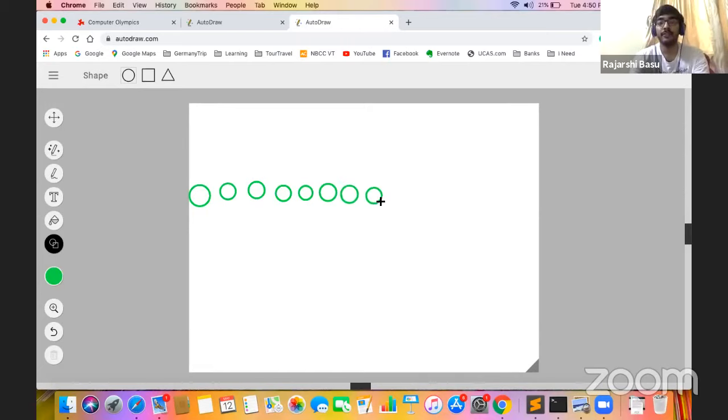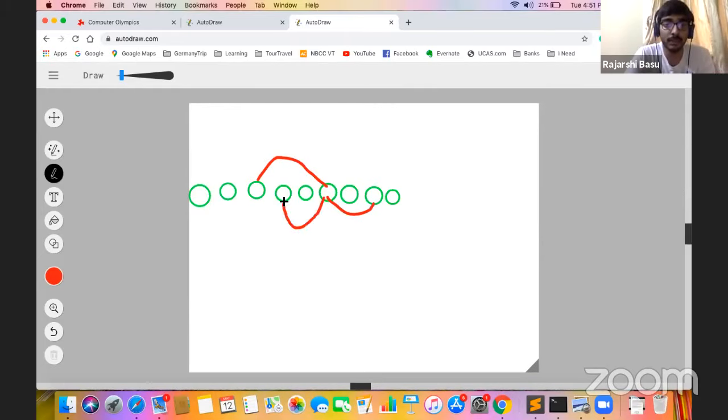The free swaps I am denoting by red. So let's say I have a free swap like this, a free swap like this, a free swap like this, and a free swap like this.